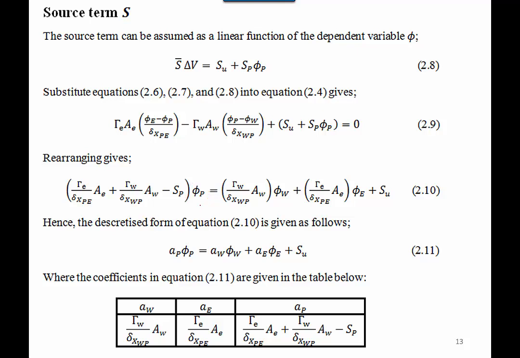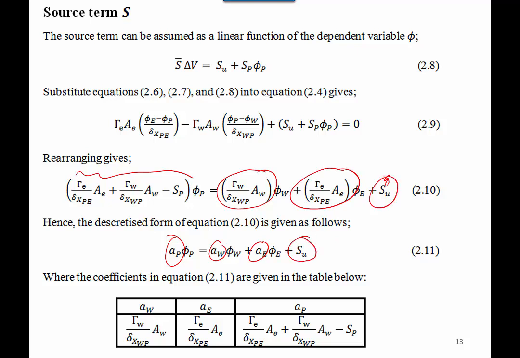That means this term we will name A P, and this term is A W, and this term A E, and SU will remain as it is.